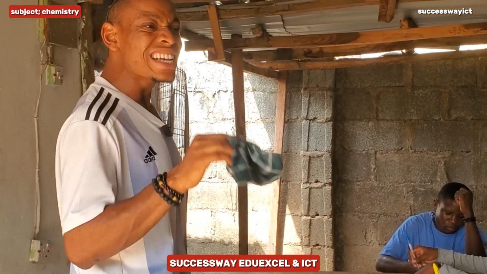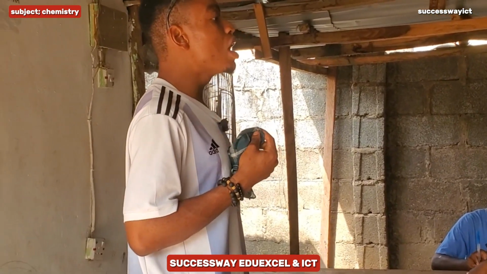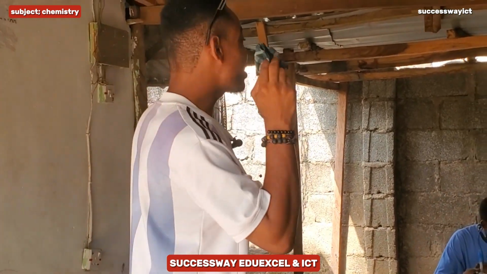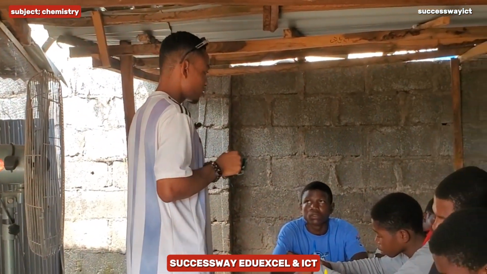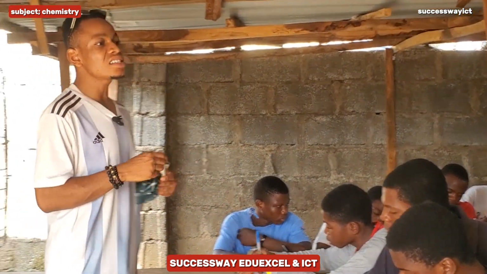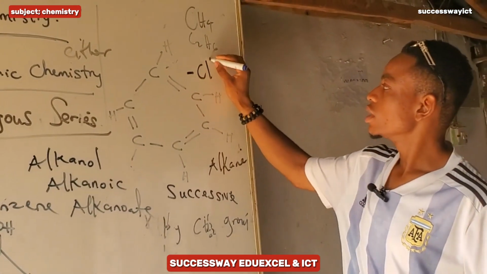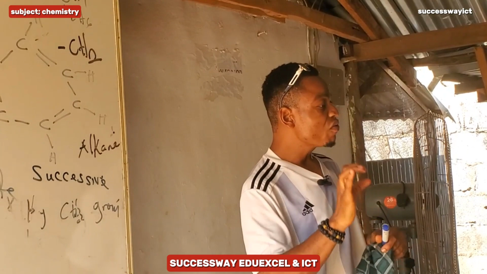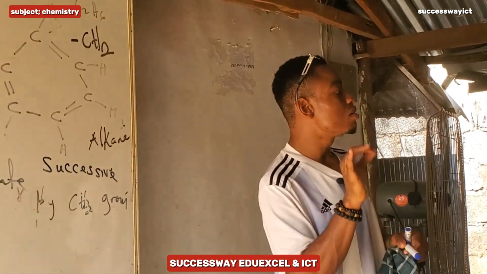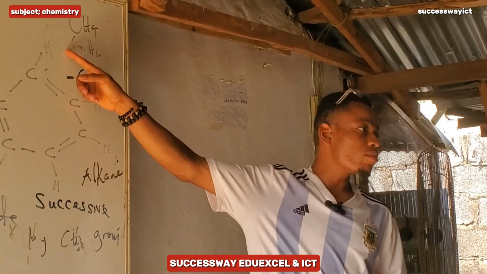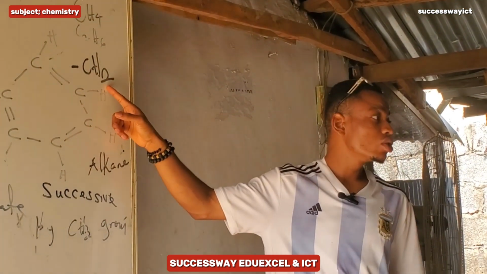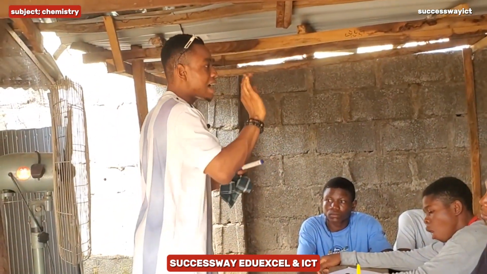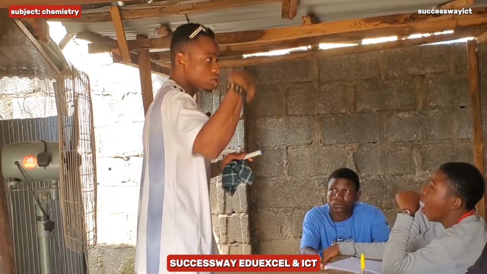Each successive member in a series differs in the molecular formula by the addition of that CH2 group. Meaning as the number of carbon increases, the number of hydrogen doubles.